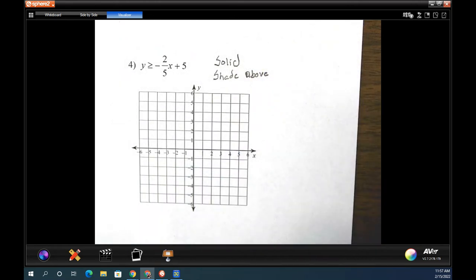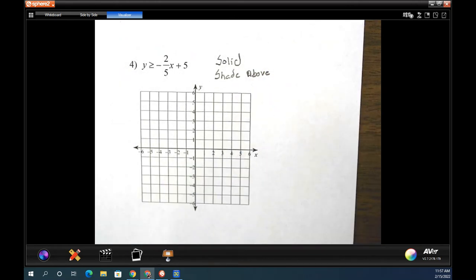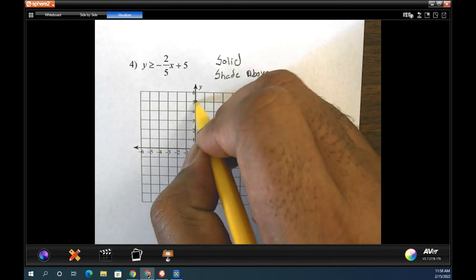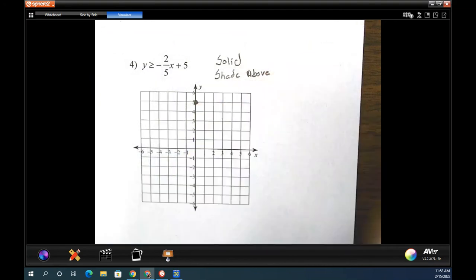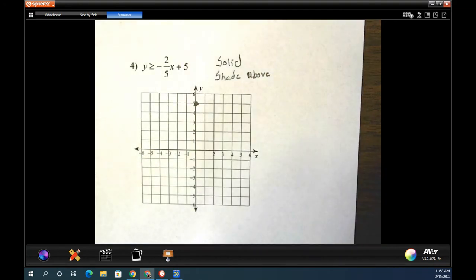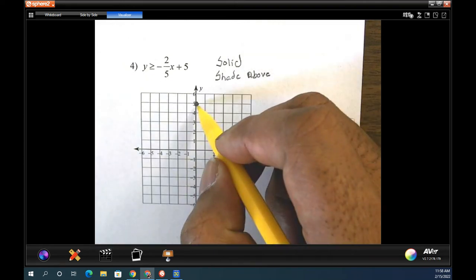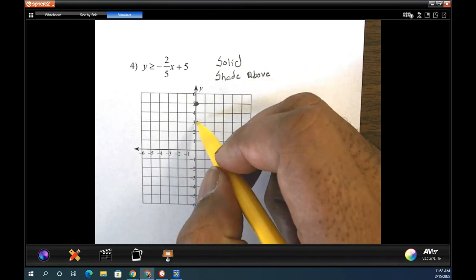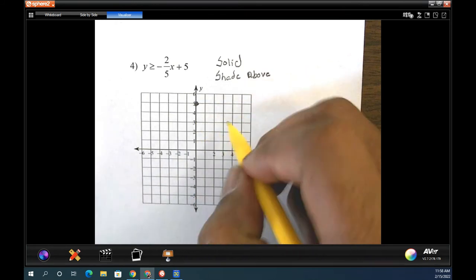All right. What's the y-intercept? 0, 5. Put a point there. What's the slope, Serena? It's what? Just -2? So how does it move? Down 2. Right?